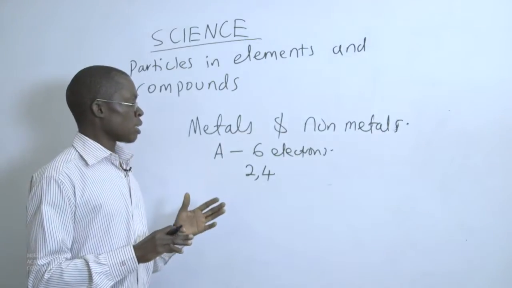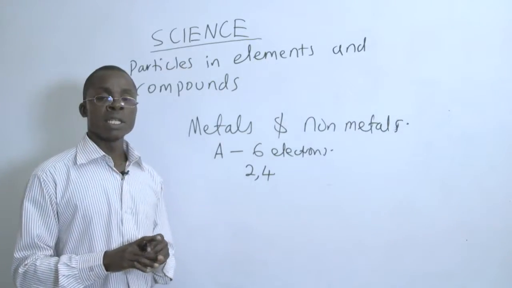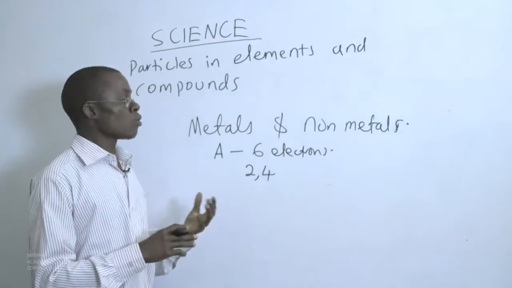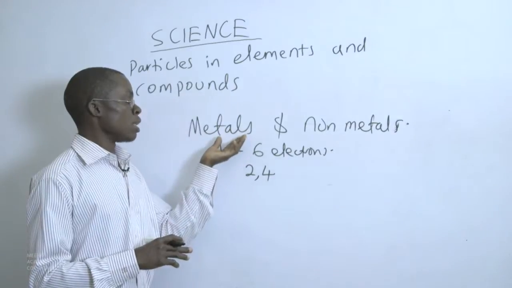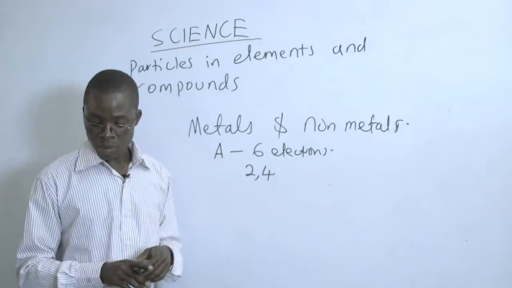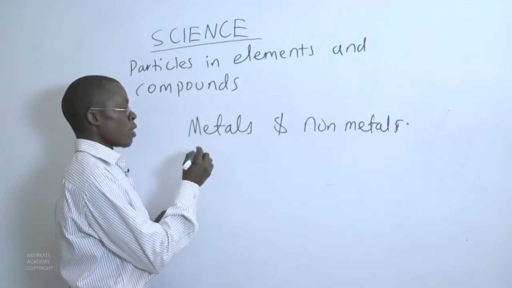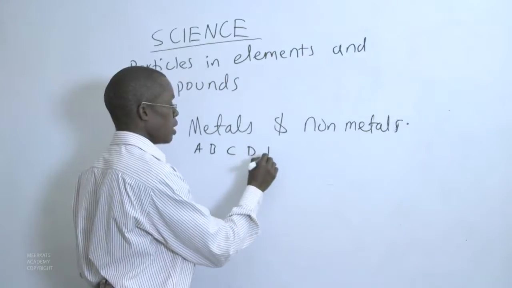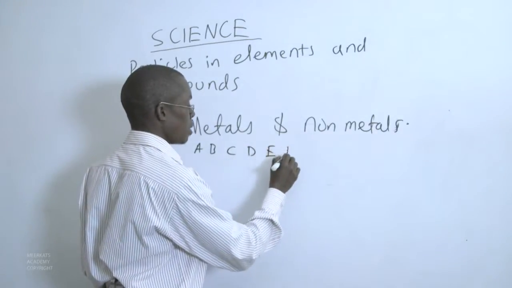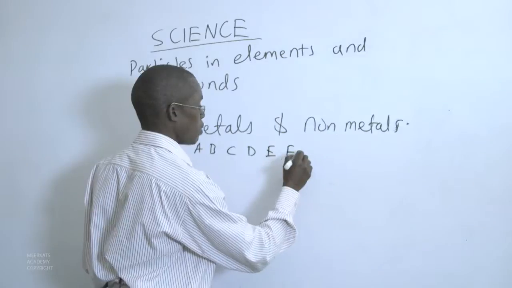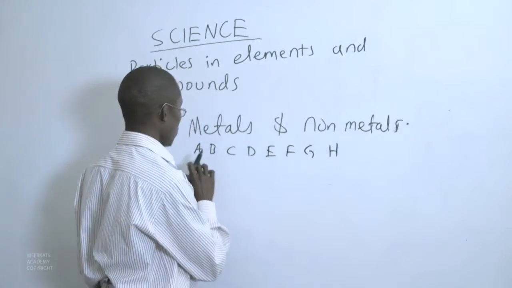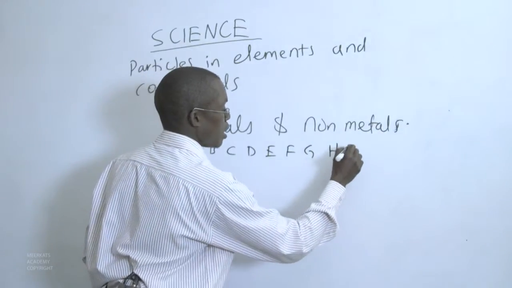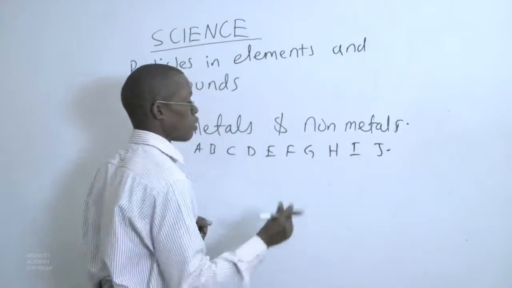Now, let's look at an example of 10 elements. Try to write the electronic configuration, and out of that, see if we can identify metals and nonmetals. So let's assume we have elements A, B, C, D, E, F, G, H, I, J. That is 10 of them.